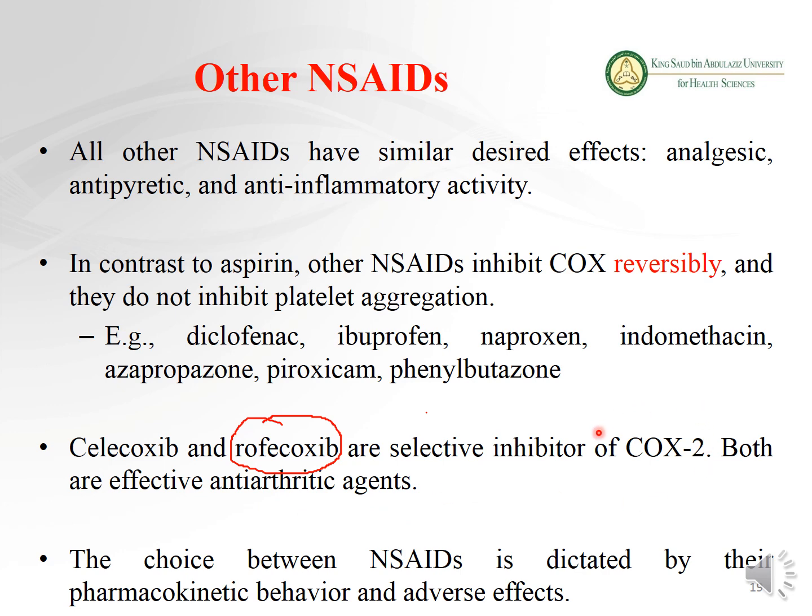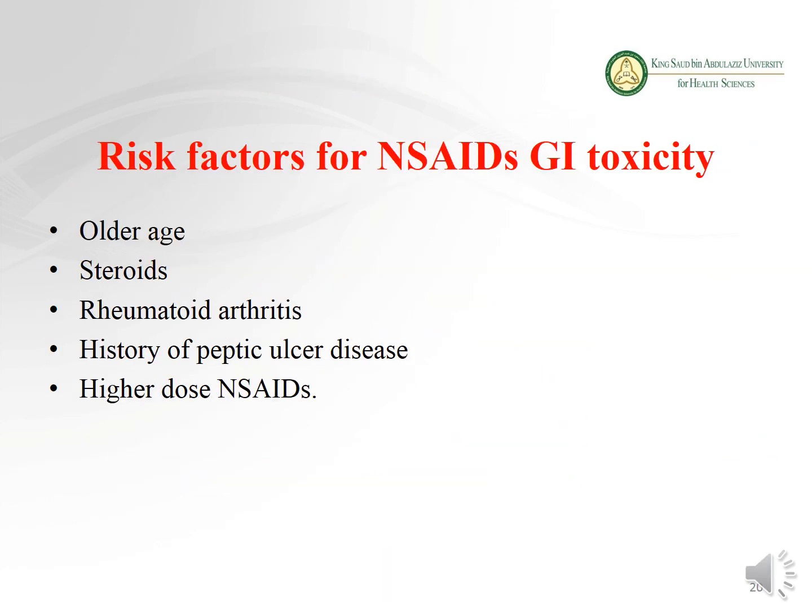COX-2 inhibitors have more risk in patients who have cardiovascular problems, so they should not be used in those patients. The risk factors for NSAID GIT toxicity are older age, steroid use, rheumatoid arthritis, history of peptic ulcer, or high doses of NSAIDs. These are the risks of GIT toxicity for those patients.